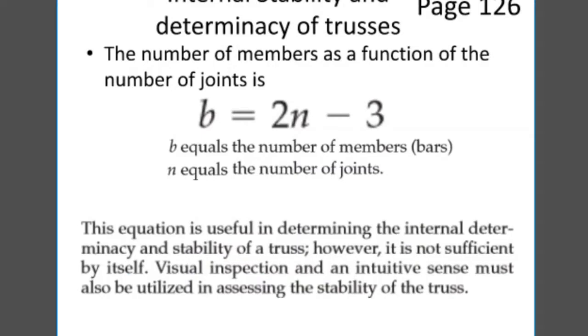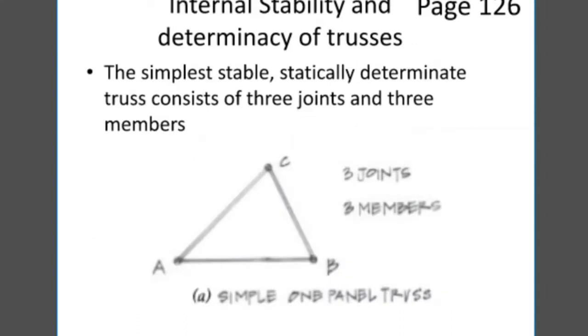This equation is useful in determining the internal determinacy and stability of a truss. However, it is not sufficient by itself. Visual inspection and intuitive sense must also be utilized in assessing the stability of the truss. On page 126, we are shown the simplest stable statically determinate truss, which consists of 3 joints and 3 members.